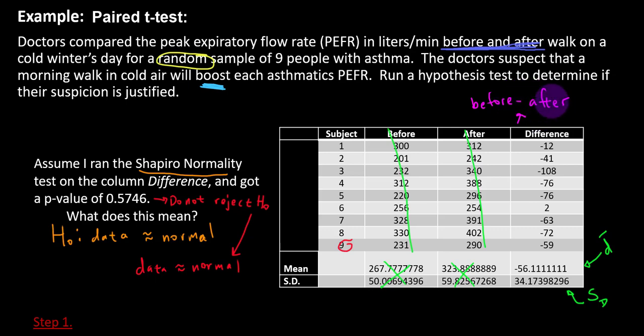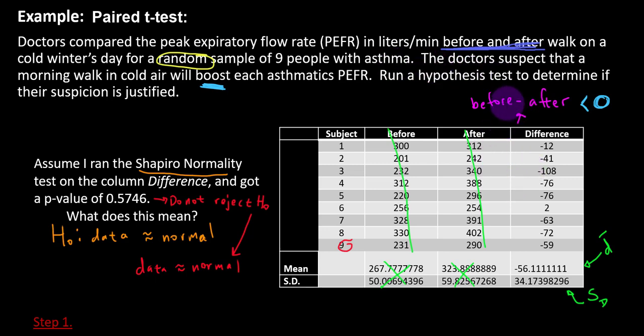They think that the after values will be larger, right? So if this subtraction occurred, don't they anticipate these to be mostly negative numbers? Because the afters they suspect will be boosted or larger. Now I'm not looking at the data to validate that. I am basing this on the description of the study.